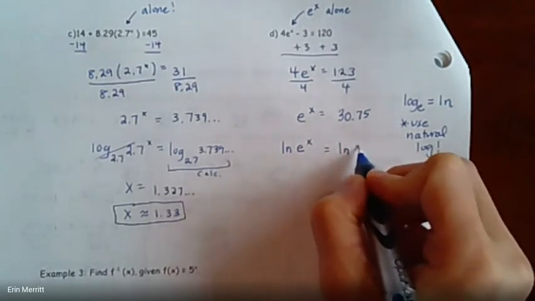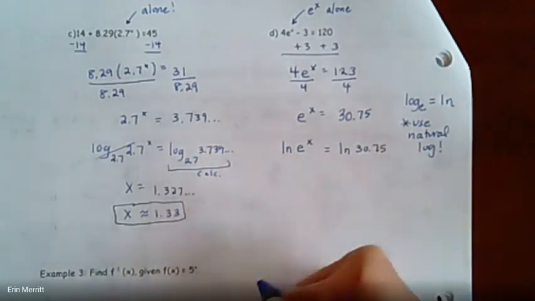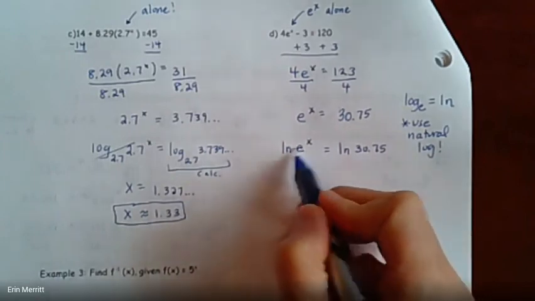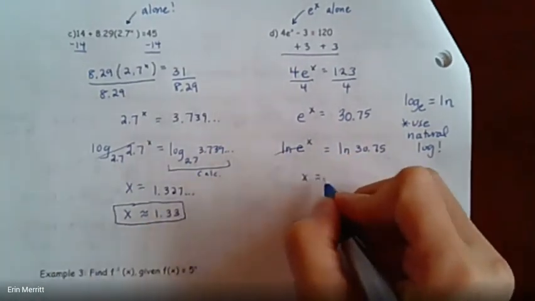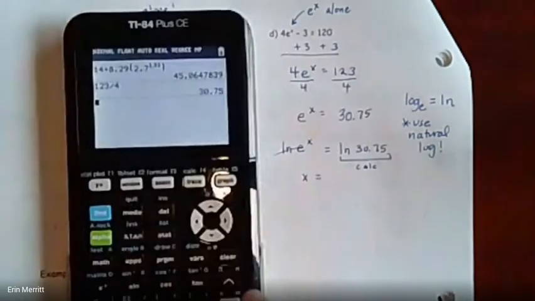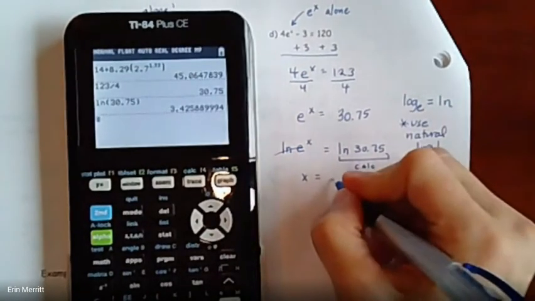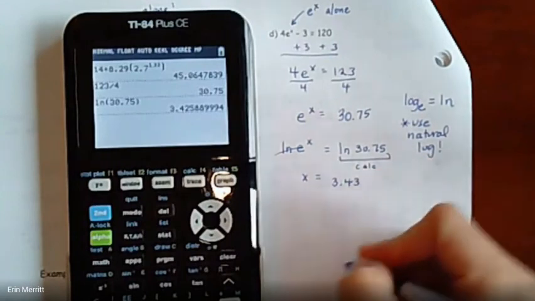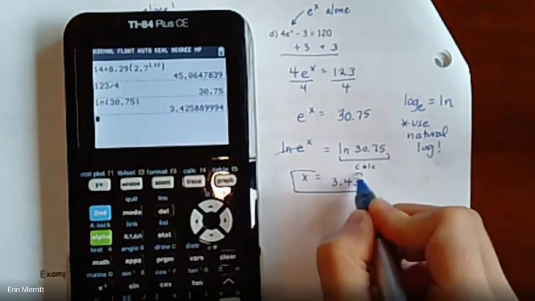On the right-hand side, natural log of 30.75. Natural log and e cancel each other out. So knock that right out of there. And then x is equal to this. Go to the calculator. Type in natural log of 30.75. And that is your answer. So 3.43 would be the value of x here.